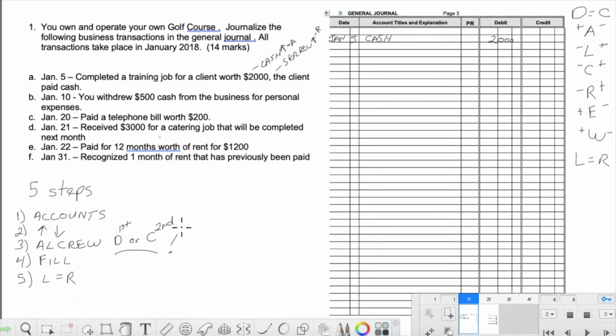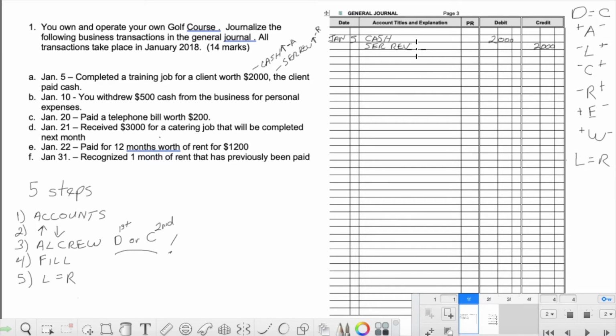Now we can do credit second because there are no more debits, service revenue. I'm just doing short form to save us some space. And it's a credit, right? And the amount was $2,000. It goes up on the right-hand side. All right, so then we know left equals right.